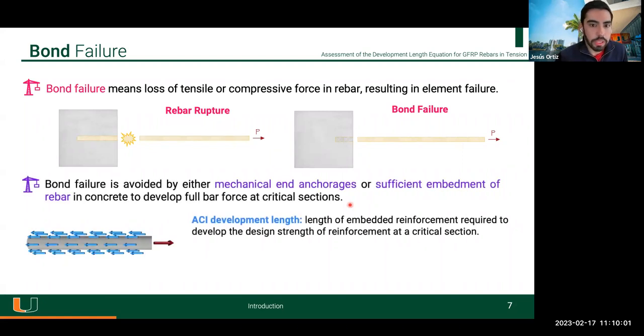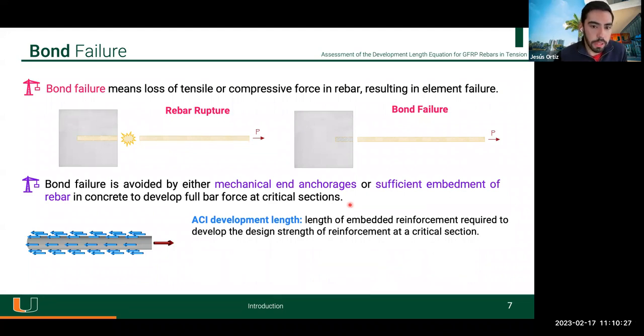This can be avoided by either mechanical anchorage or sufficient embedment of the rebar. For FRP, the second one is the most used, even for steel, but you could have some types of mechanical anchorage at the end of the rebar. So we have talked about embedment length and development length, but what is the difference or the relation between those two terms?